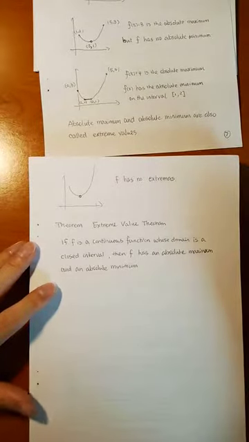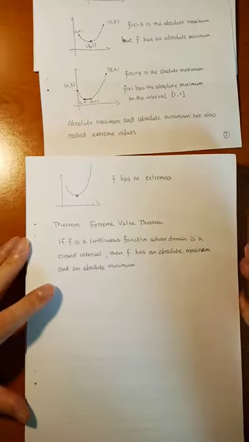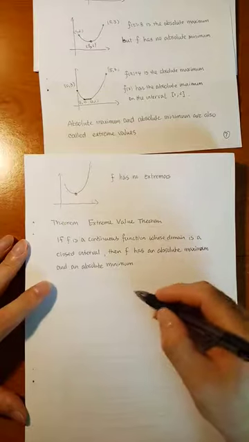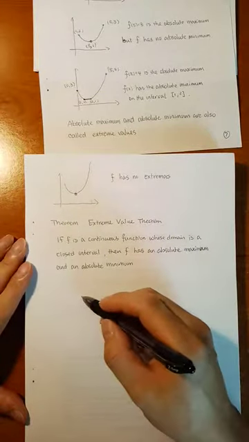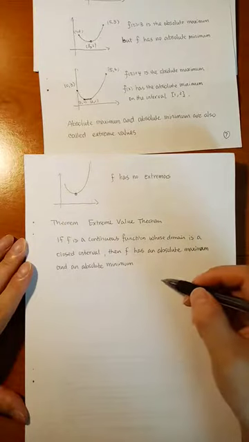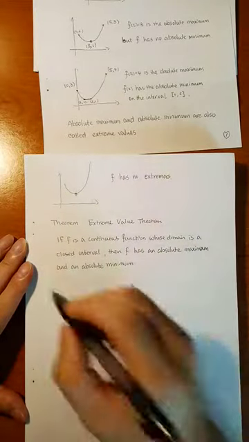Continuous is a difficult concept to define so far, but basically continuous just means when you sketch the graph, you can start from one end and go to the other end without a break.